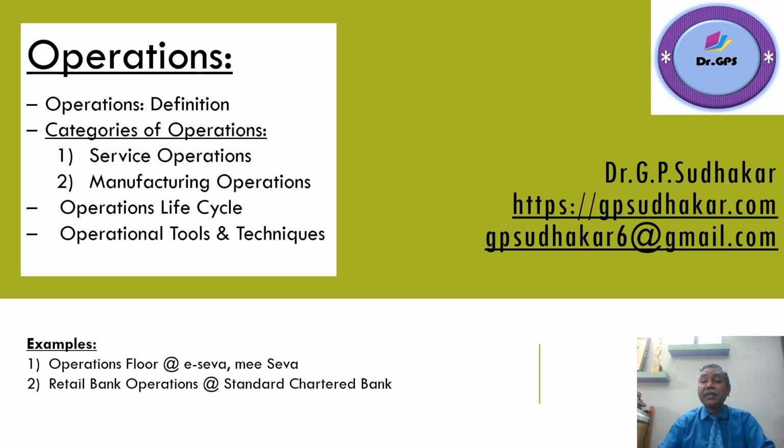Similarly, the traveling salesman problem, some of the other mathematical models, trend techniques, trend analysis. Like this, different techniques are being used to know how much to produce in order to meet the demand in the market. So all these tools and techniques are part of operational management.